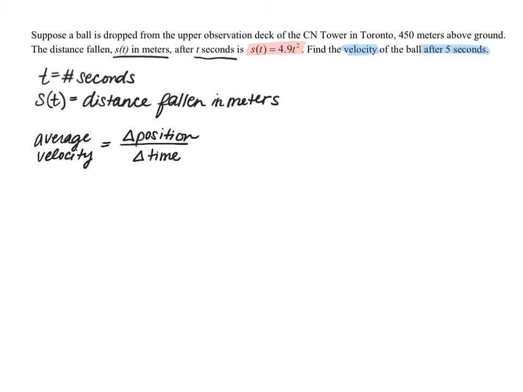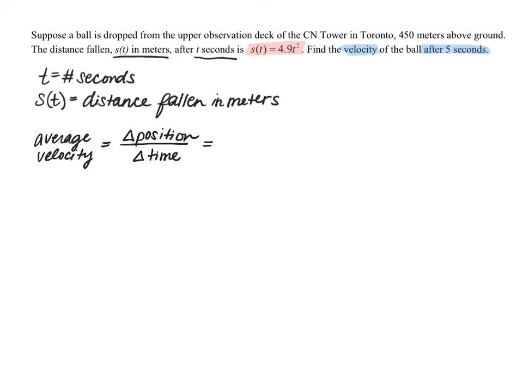In other words, the average velocity tells you how fast the object is traveling, but it also gives you direction. In a physics class, many times they'll say velocity is speed plus direction: how fast the object is traveling in addition to the direction of travel.